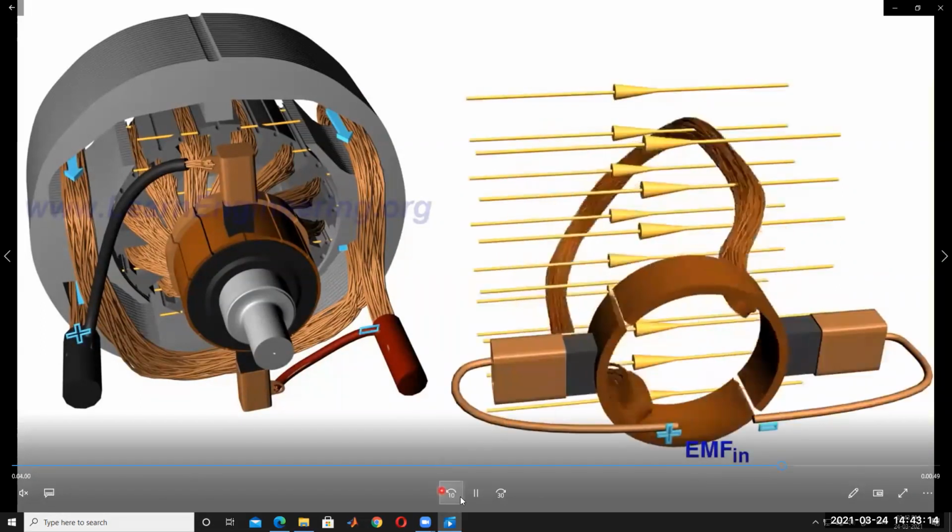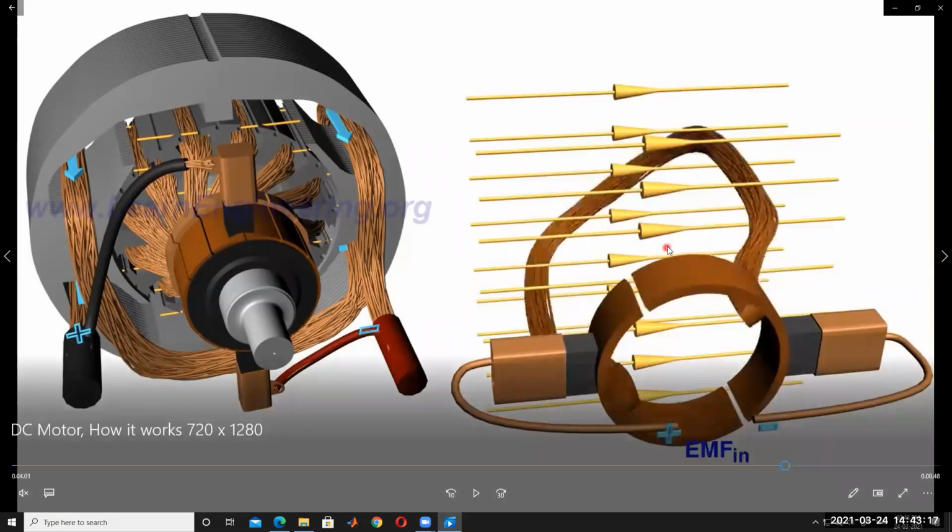So like this, a rotating conductor is placed in a stationary magnetic field. In that case, there is a displacement between the magnetic field and the conductor. Because of that, EMF is induced, and this EMF is called back EMF.